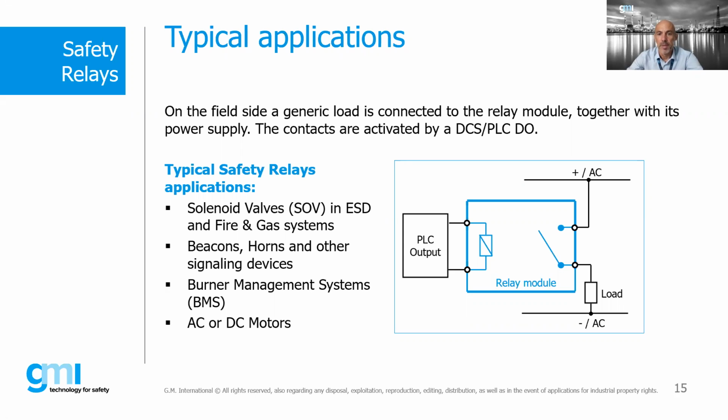And as we said, maybe the power requirement of the load cannot be supplied by the PLC directly, even if we're talking about safety PLCs. It could be a directly controlled load, but in case the power supply is not enough, you need the safety relay that will give you 5 amps or 10 amps maximum power out. That is the application: the PLC is driving a relay, which is driving a load.